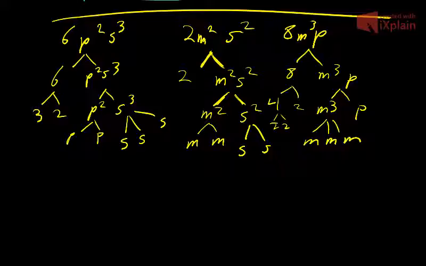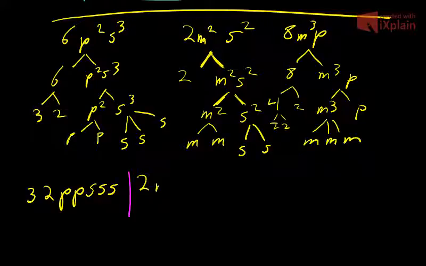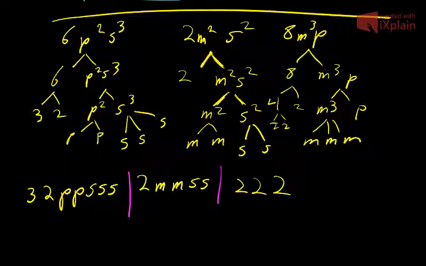So from my first one, my factors are going to be 3, 2, p, p, s, s, s. Draw a line. My second one, I have 2, m, m, s, s. Draw another line. And my third one is going to be 2, 2, 2, m, m, m, p.